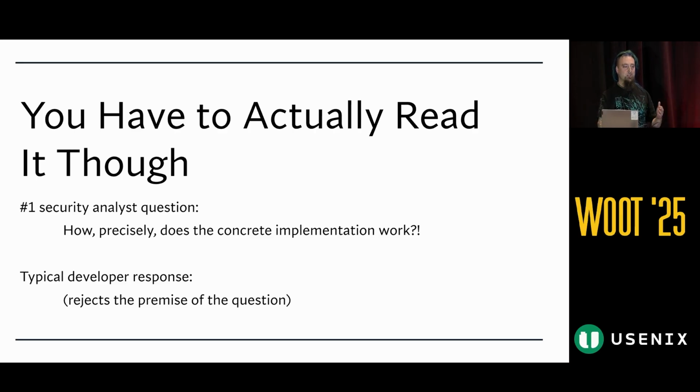And the fact that the function's name says this and it's in some other module and it passed tests doesn't mean anything to me, but the typical response that I would get is to reject the premise of the question. What do you mean the implementation? Someone else wrote that. That's not in scope. And that doesn't work. You have to actually read the code.